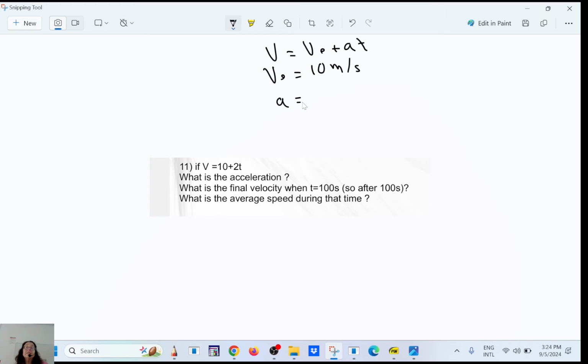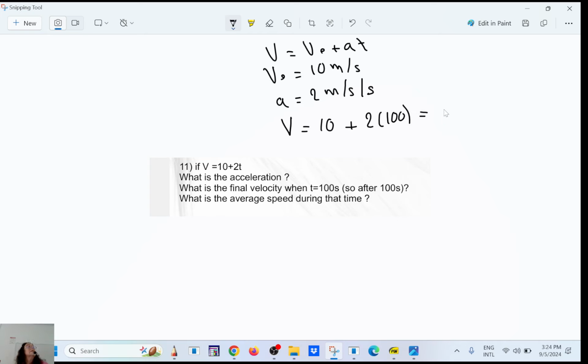What's the acceleration? 2. What's the final velocity when t equals 100 seconds? So v equals initial 10 plus 2 times 100.